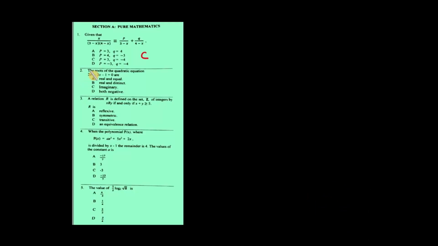Number 2, the roots of the quadratic equation 2x squared minus 3x minus 1 equals 0 are: A, real and equal; B, real and distinct; C, imaginary; D, both negative. You have to know the quadratic equation is an equation of the form ax squared plus bx plus c equals 0.